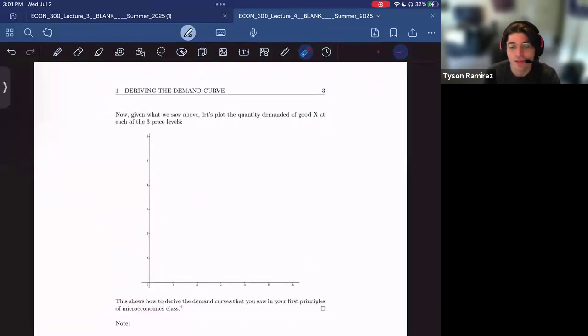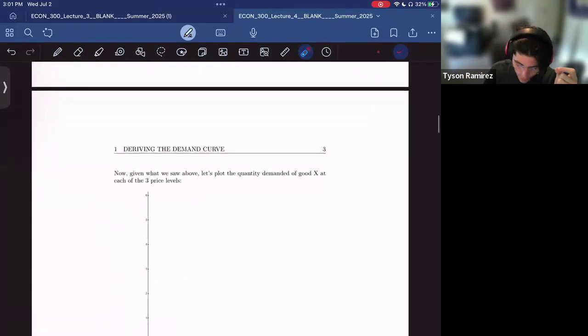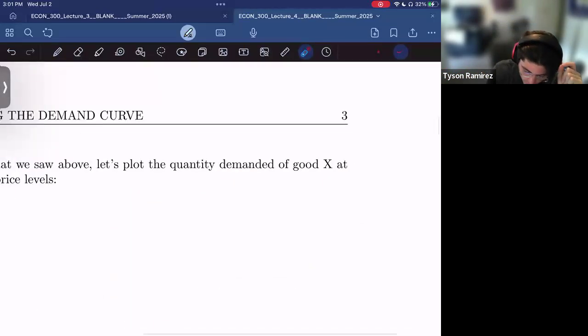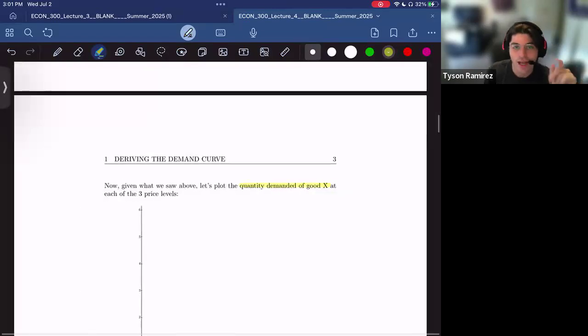So, given that, let's plot looking only at good X. Quantity demanded of good X. Let's plot as points the quantity demanded of good X at those three price levels.